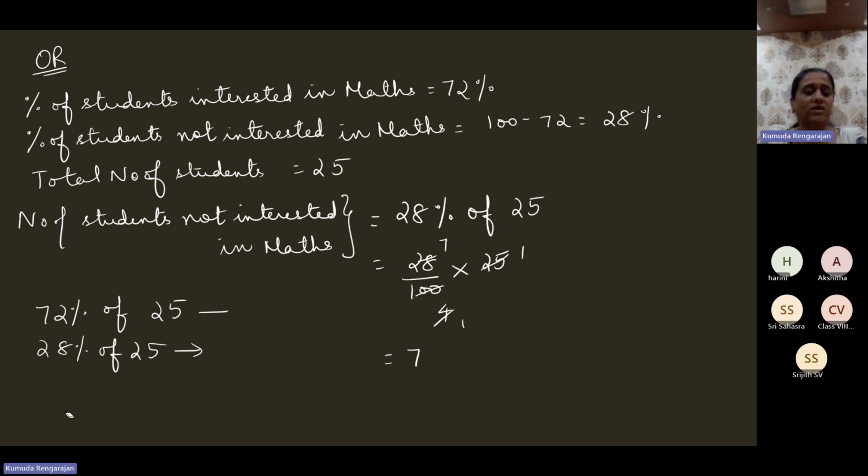Tell me, what is 72% of 25? Interested or not interested? Interested, ma'am. You will get the number of students interested in maths. And what about 28% of 25? Not interested, ma'am. You will get the number of students not interested in maths.